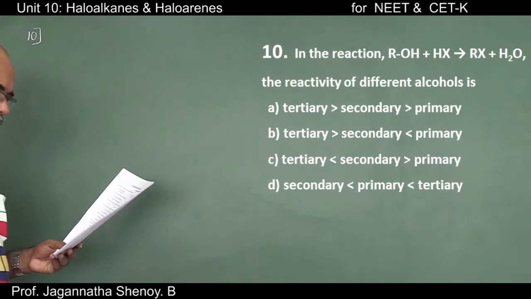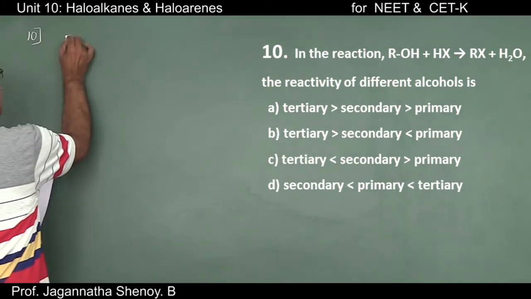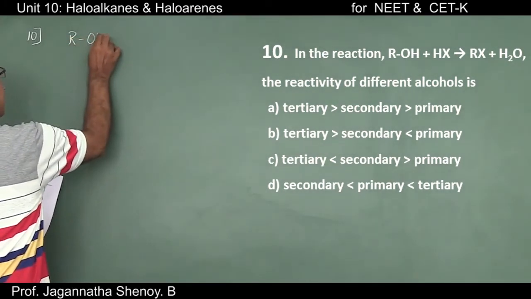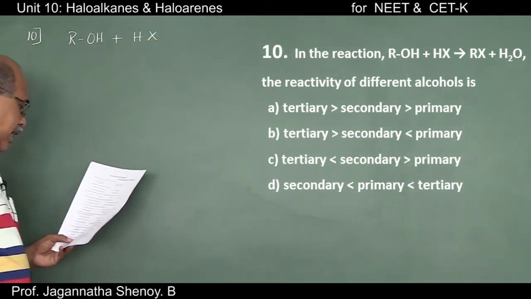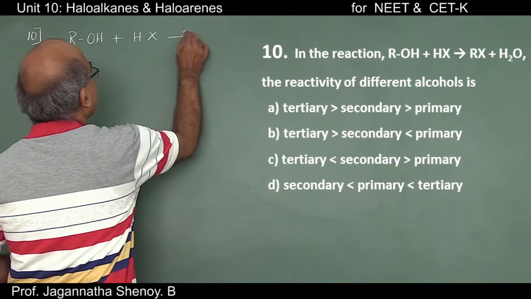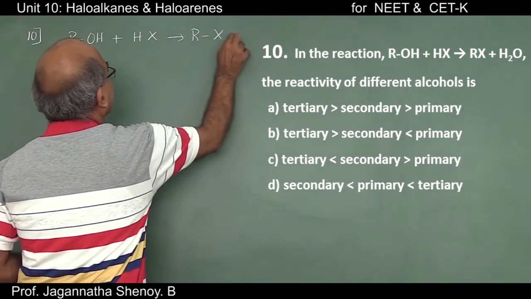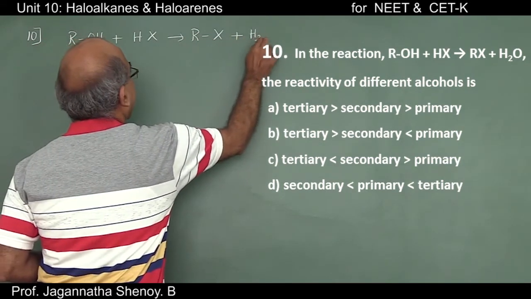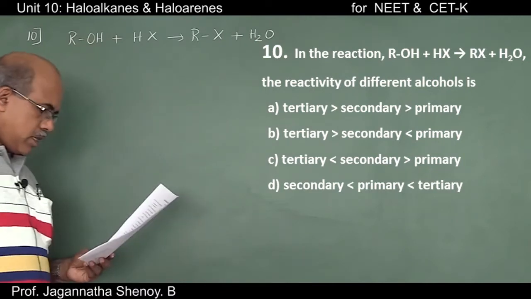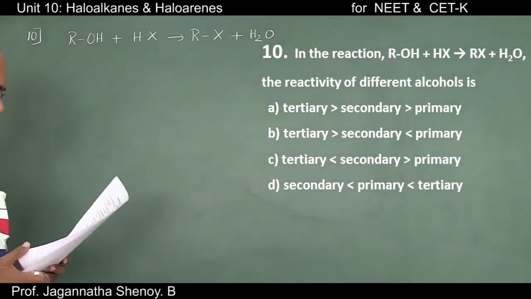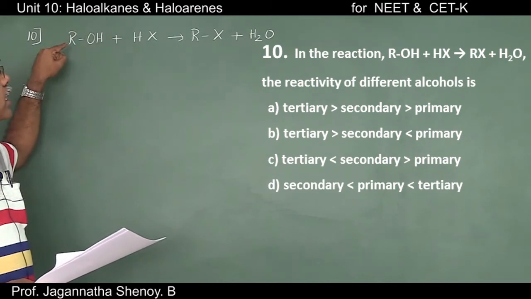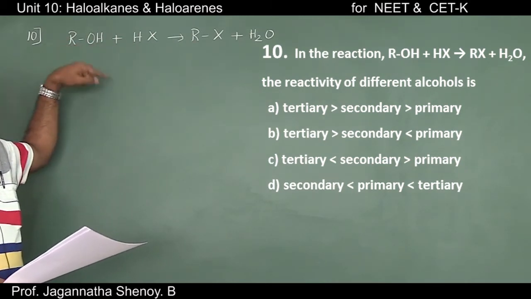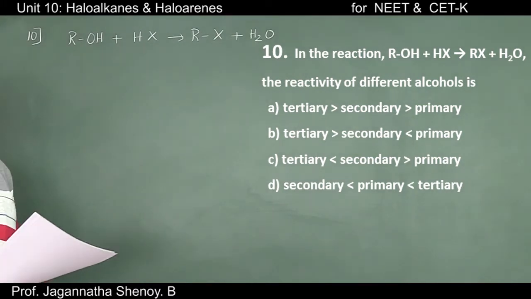They have given the equation for the reaction. Start from alcohol, I'll treat it with hydrogen halide. This has to give you RX plus H2O. What is asked is, when HX is fixed, what is the order of reactivity of different types of alcohols?